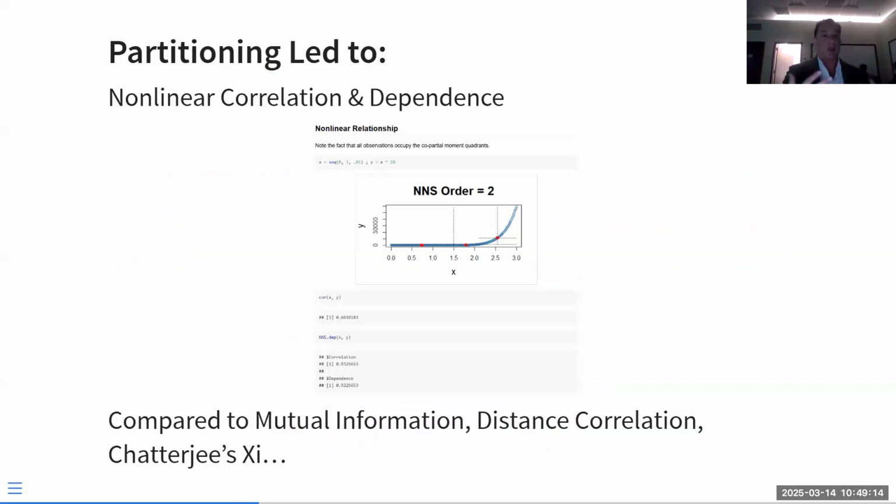So that led to a new measure of correlation and dependence based on these partial moment quadrants. And I compare it to mutual information, distance correlation, Chatterjee's Xi. It's fairly robust on nonlinear signals. And again, it offers the correlation, which has a sign, and the dependence of these variables, which is between 0 and 1. So those are new metrics.